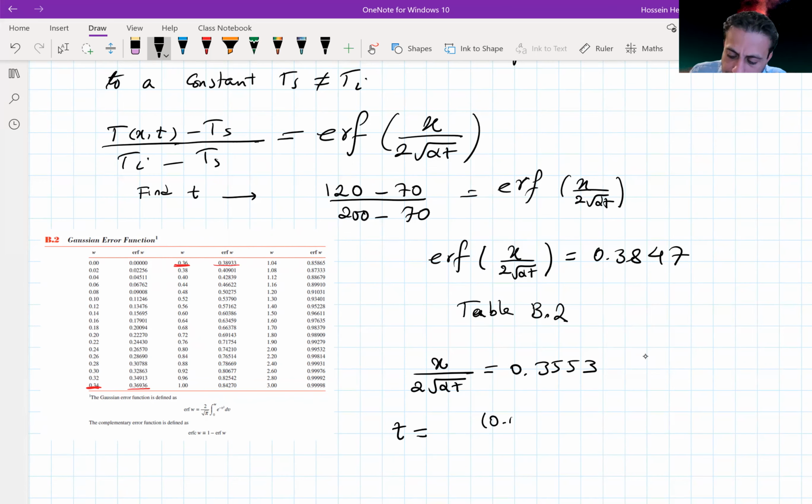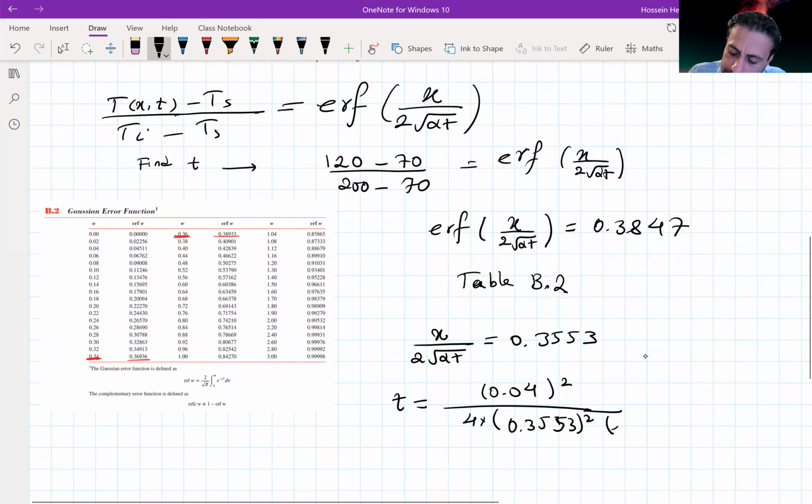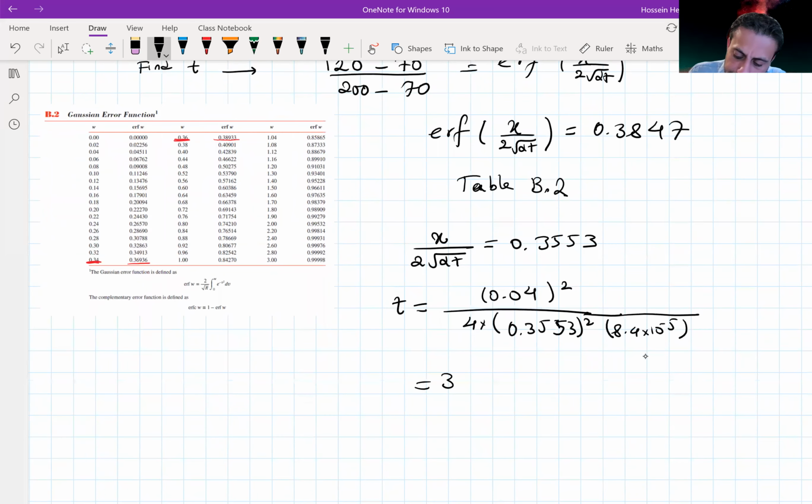t would be 0.04 meters, that's the location, squared, divided by 4 times 0.3553 squared times alpha. From here, you can find 37.72 seconds.